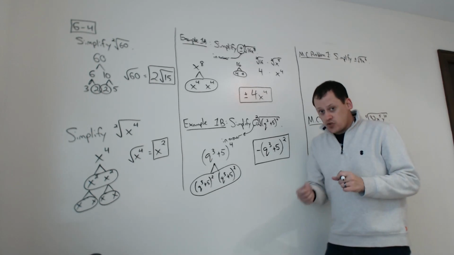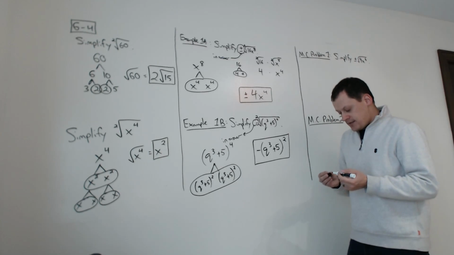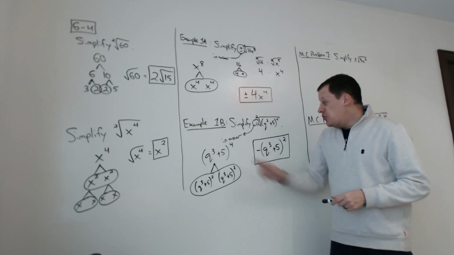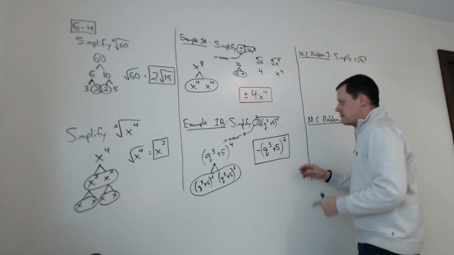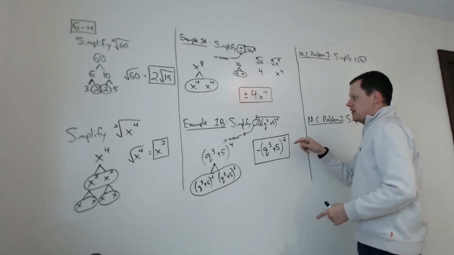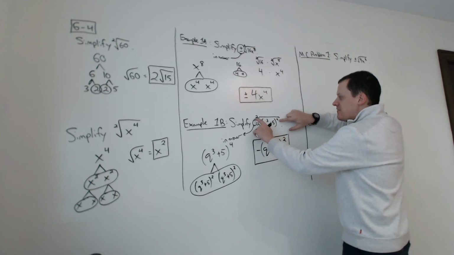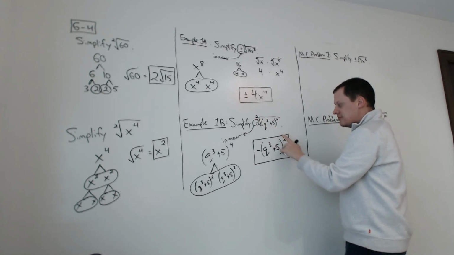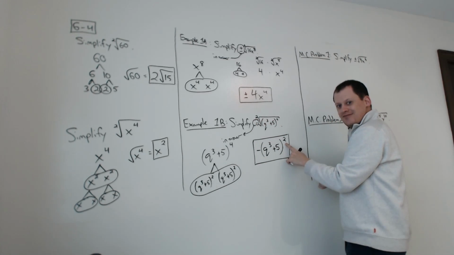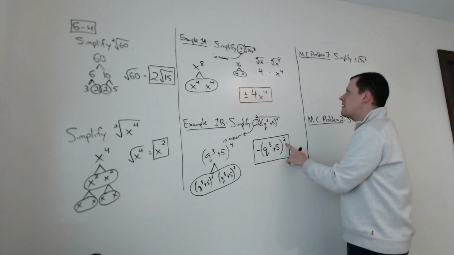Once you know the trick, you can do that. In fact, you don't even have to write out this step. What you might notice on both of these problems, if you take this exponent and divide it by the root, 4 divided by 2 is 2. Does that always work?